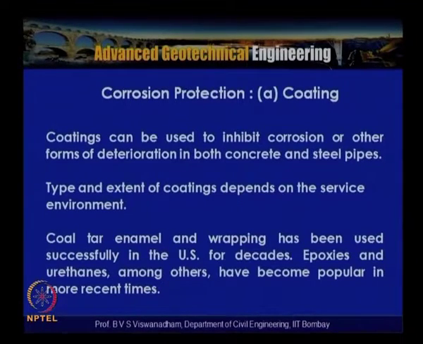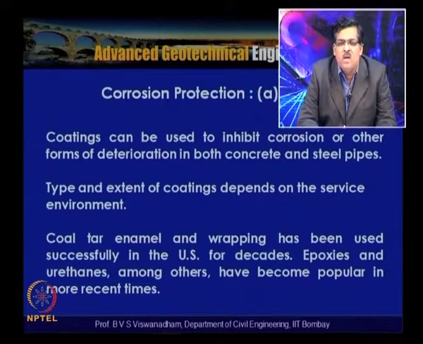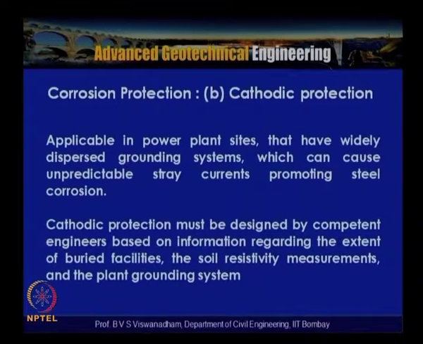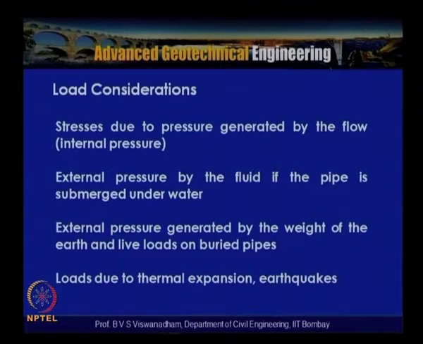The type and extent of the coating depend upon the service environment, and coal tar enamel and wrapping have been used successfully in the USA for several decades. Epoxies and urethane, among others, have become popular in more recent times. Recently in India also, these urethane coated corrosion protection systems are in place. This is the cathodic protection which is shown in this particular slide.